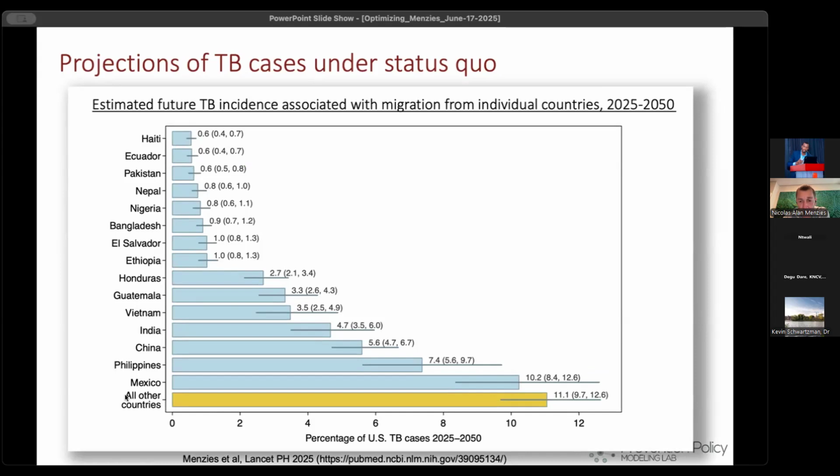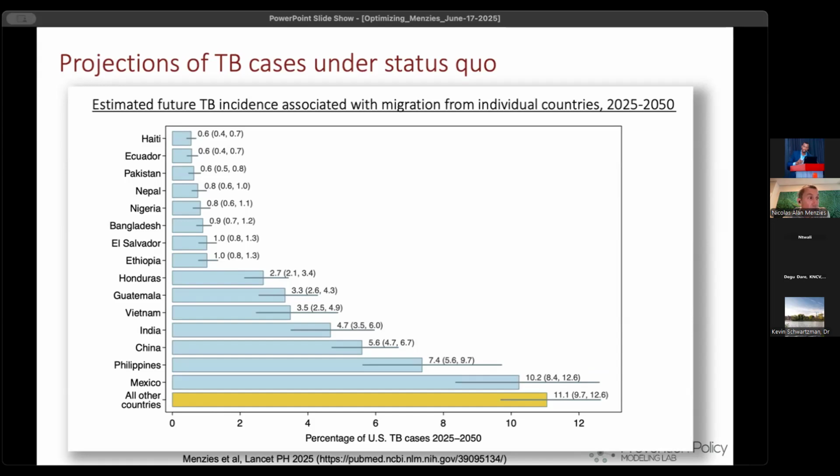I think this list makes sense to those who know US TB epidemiology, and those 5 countries I mentioned, Mexico, Philippines, China, India, and Vietnam, are at the top of the list. I think when you add these all together, you get above 30%. That is to say, a good fraction of all the TB that occurs between 2025 and 2050 is projected to happen amongst people who don't even live in the United States right now.